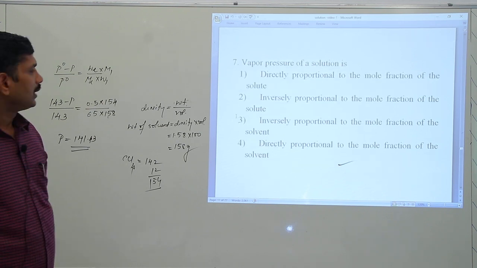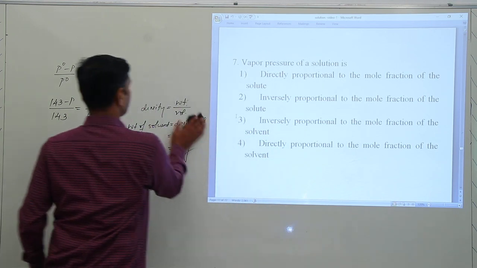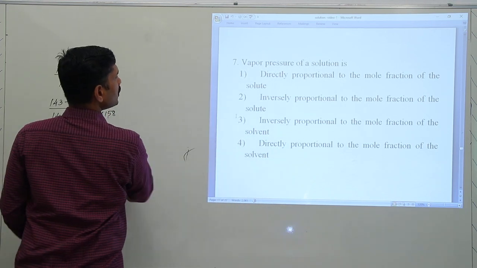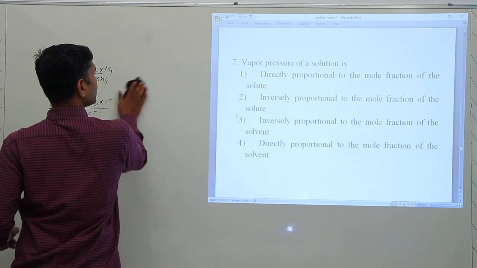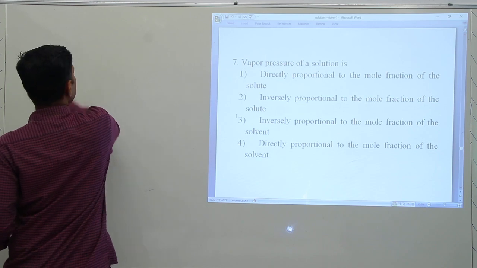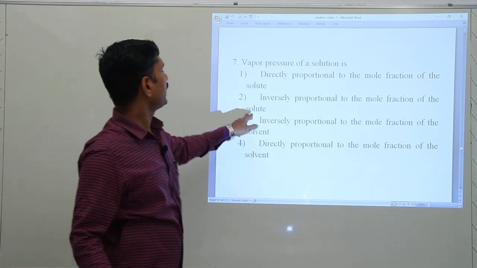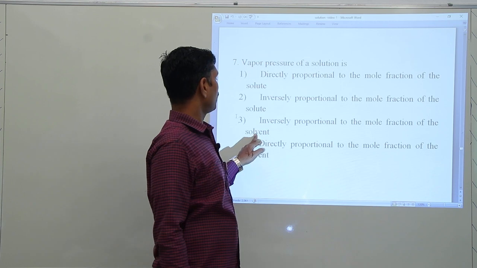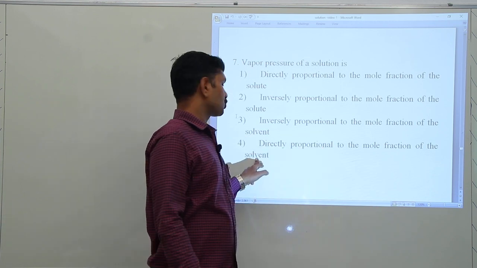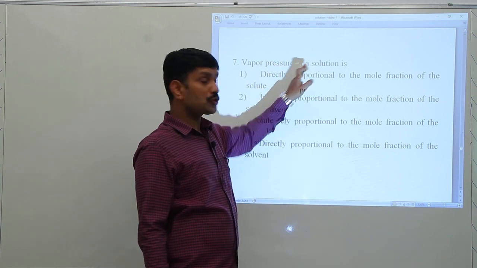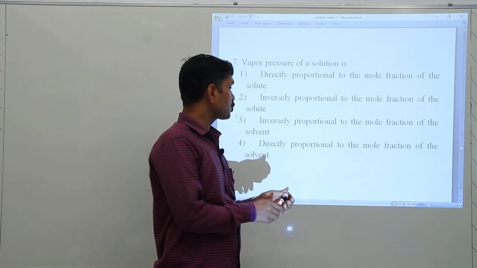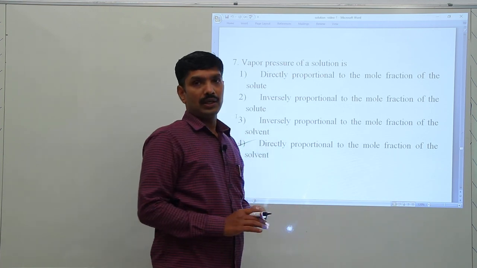Next one. The vapor pressure of the solution is directly proportional to the mole fraction of the solvent, inversely proportional to the mole fraction of the solute, inversely proportional to the mole fraction of the solvent, or directly proportional to the mole fraction of the solute. Actually, the vapor pressure of a solution is always directly proportional to the mole fraction of the solvent.